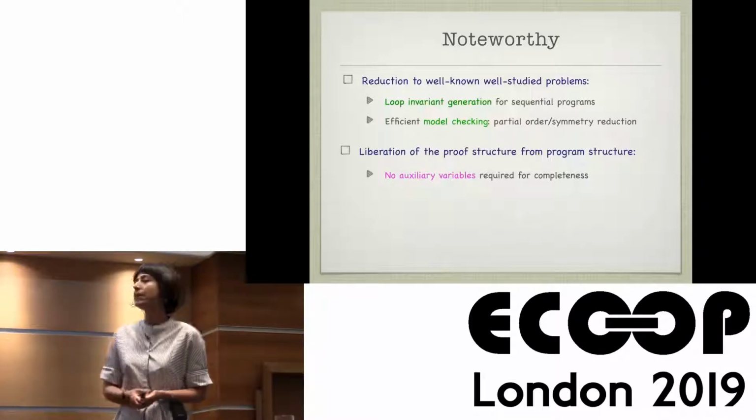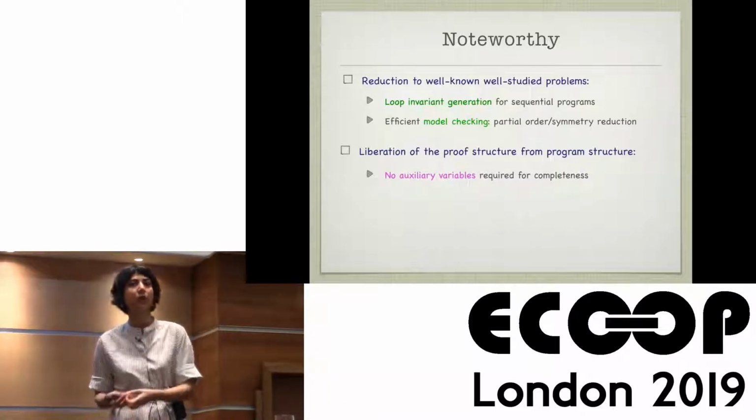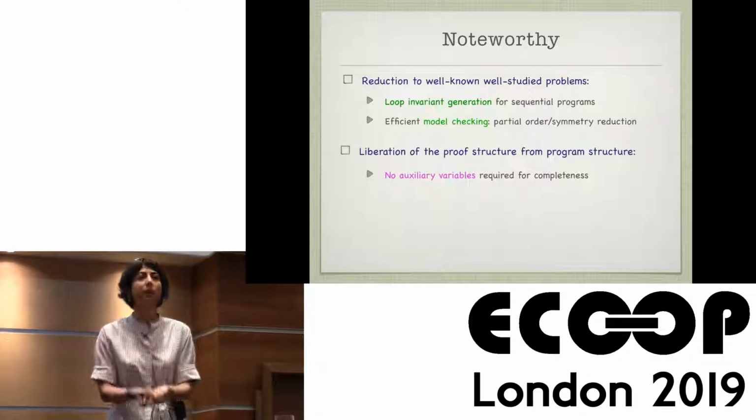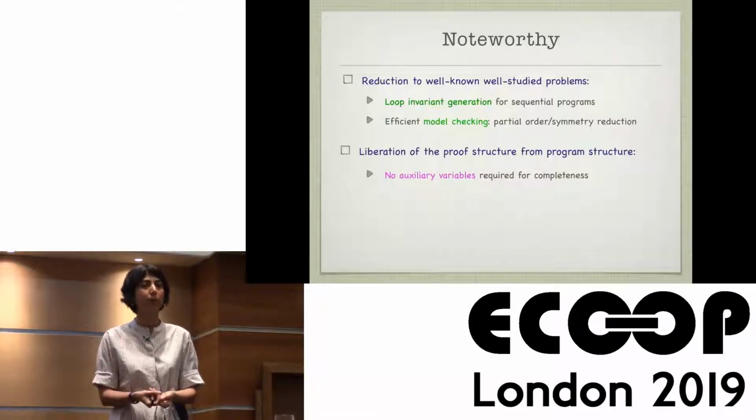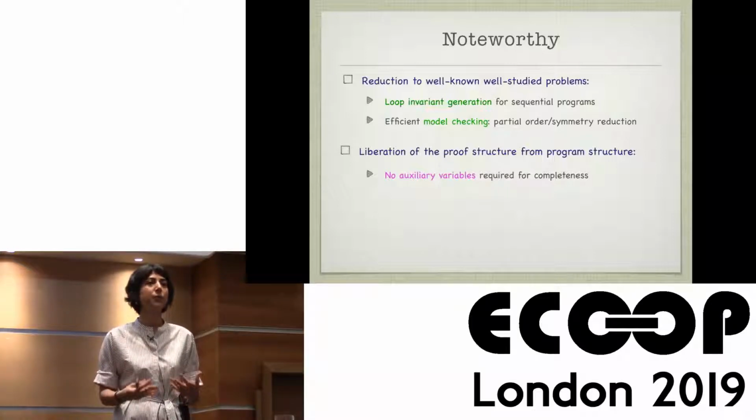The second thing is that this liberation of proofs from program structure comes with an advantage. When you're tied to the program structure, you need to invent auxiliary variables to make your proof go through. Once you are free of that, we can actually prove that the proof system is complete without the need for auxiliary variables.